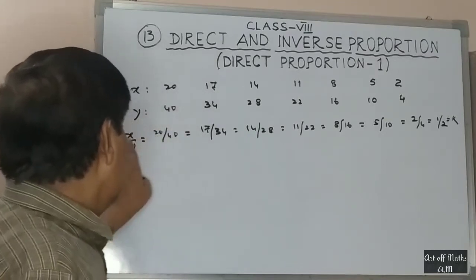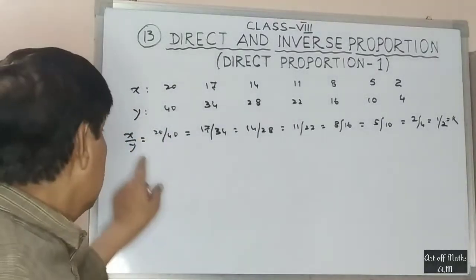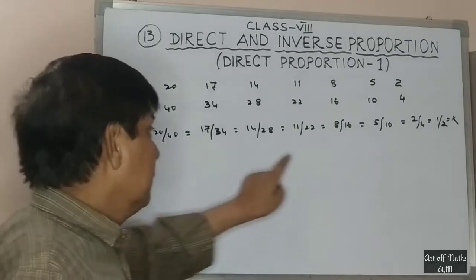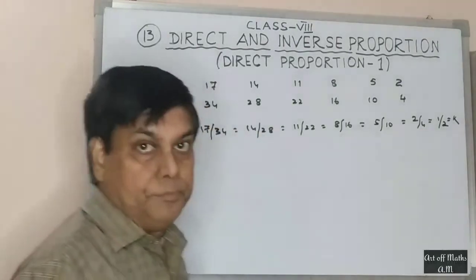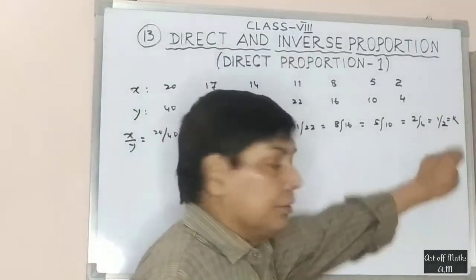If it is in direct proportion, this ratio must be equal, that is a constant.